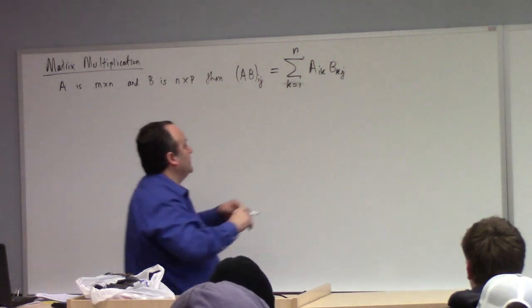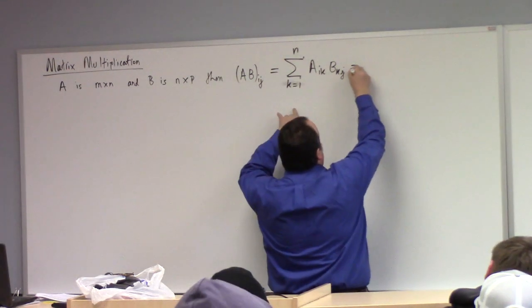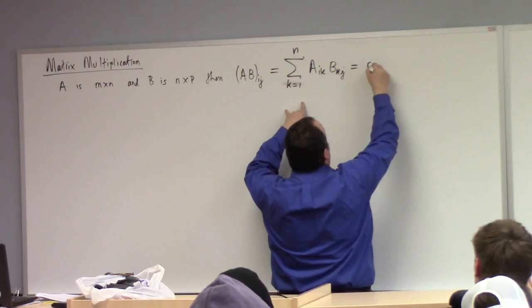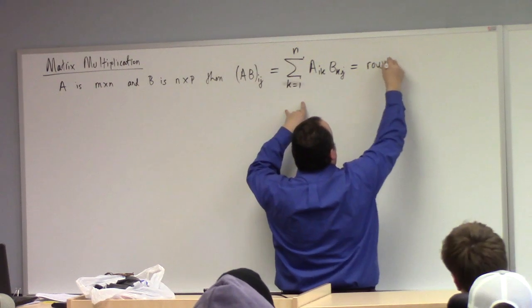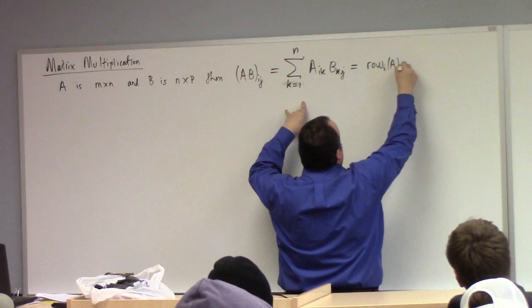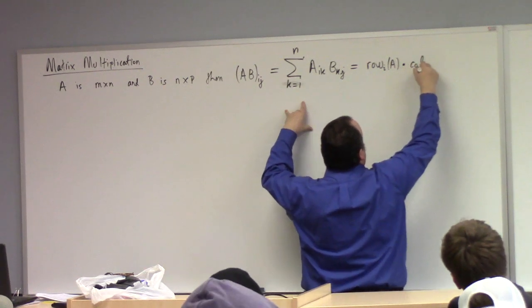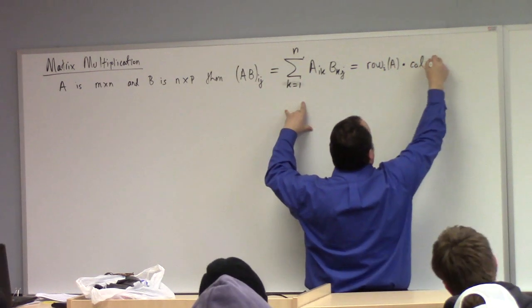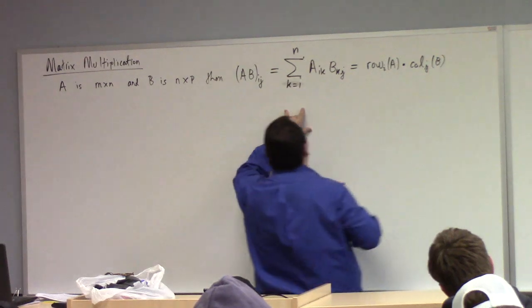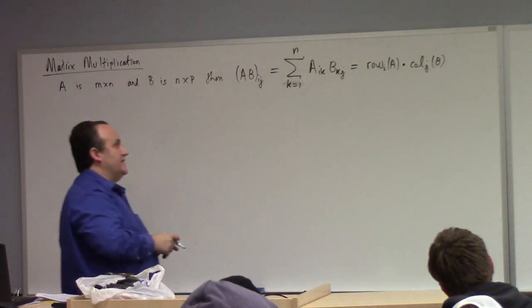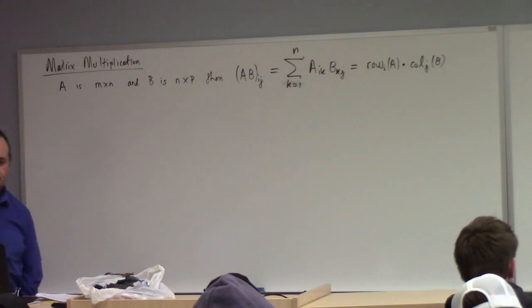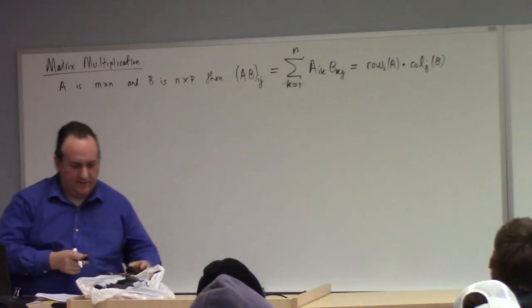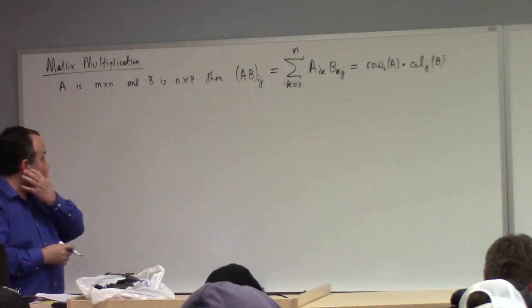But this we can calculate by row i of A dotted with column j of B, right? So that gets us the ijth component of the matrix AB. So that's one way we can look at matrix multiplication.